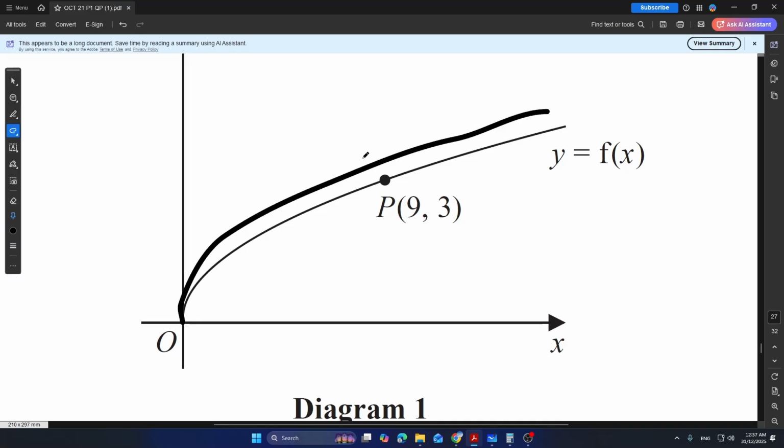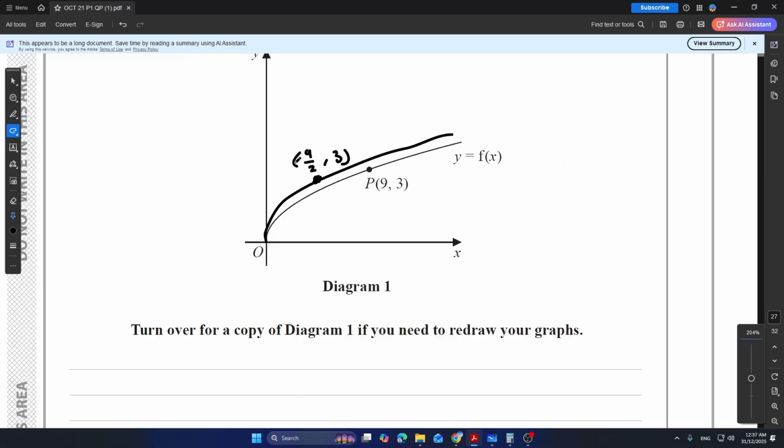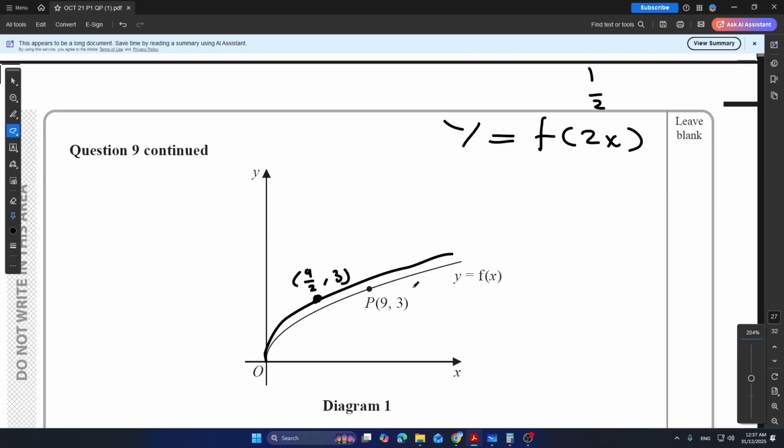This is how it's going to look, and the point P will be at the same height, but the x coordinate is halved, so it's going to be (4.5, 3). Just the x coordinate changes, because we're just shrinking the graph.